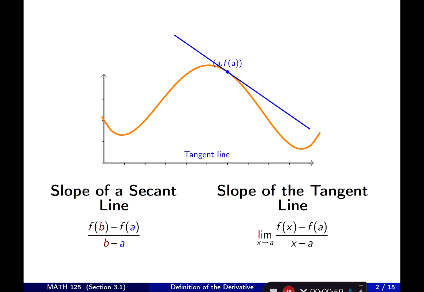a tangent line. And so basically, now that we have the words, we kind of went around this a little bit when we were starting section 2, and so now it's officially slope of tangent line as the limit as x approaches a of f of x minus f of a over x minus a.